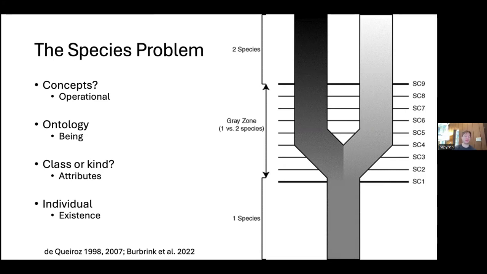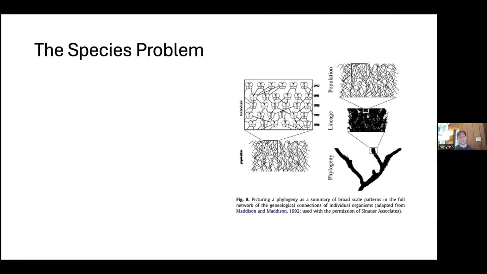Obviously, individual organisms are individuals, but the species or the lineage that they belong to is itself some sort of individual that exists in space and time. So we could think about the phylogeny in this context, where we have individuals, we have populations, we have lineages. Those lineages are connected evolutionarily in the phylogeny. And each of these branches in the phylogeny represents some kind of evolutionary individual.